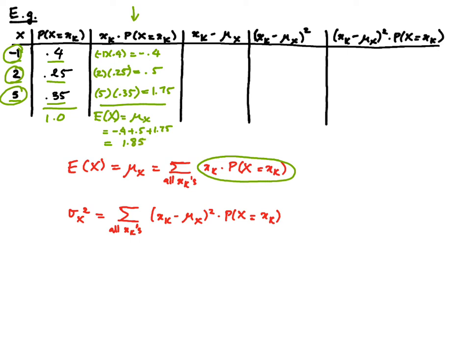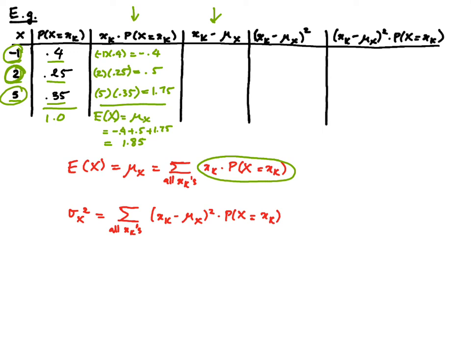Now in the next column, we have the column for xk minus mu of x. What you want to do in this column is take each of the xk's, so each of these numbers, -1, 2, and 5, and subtract the expected value from it.